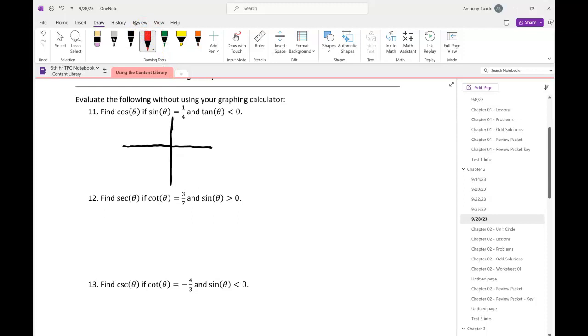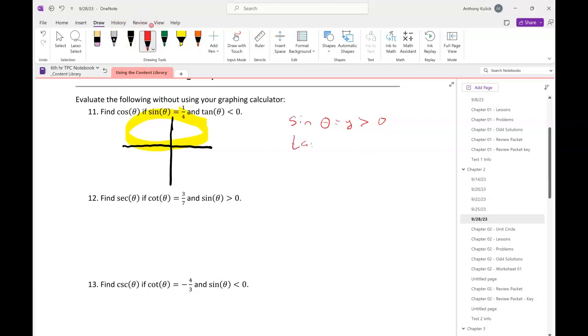I know that sine is y, and we know that 1/4 is positive, so the y has to be positive. So I know that I'm looking at either quadrants 1 or 2.